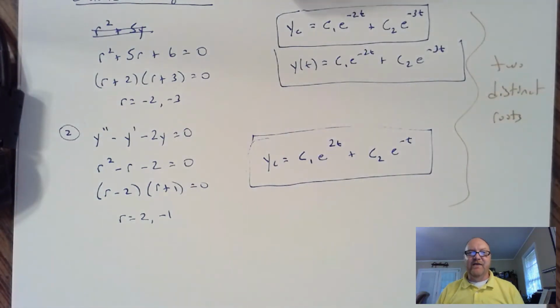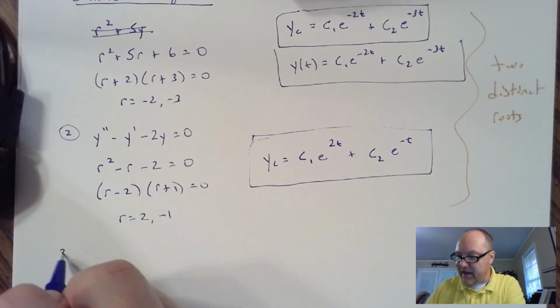But think about the other things that could happen. I could get a repeating root. That's not that uncommon. And I could get some imaginary roots. And so the solution kind of changes based on the problem itself. So let's look at each of those other cases.